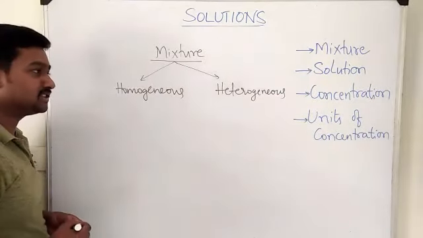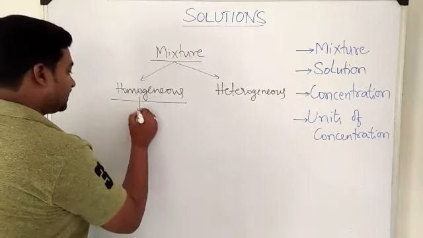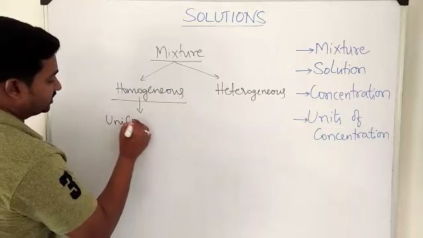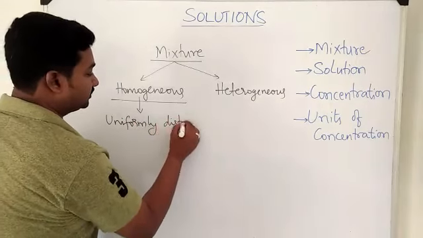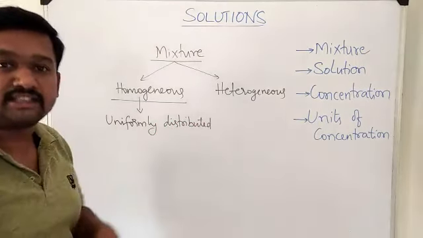Homogeneous and heterogeneous mixtures. What is a homogeneous mixture? In this case, particles of one substance are uniformly distributed in the medium of another substance.